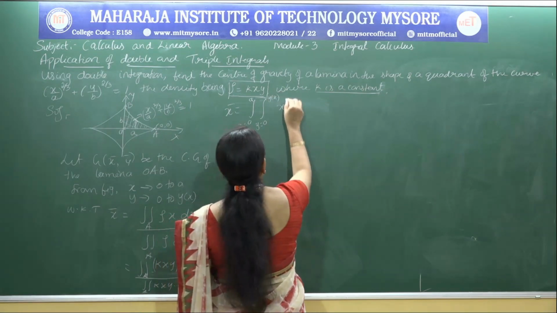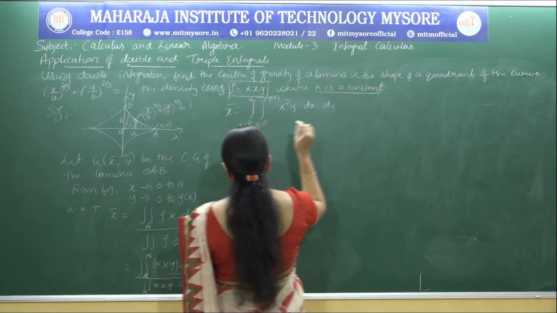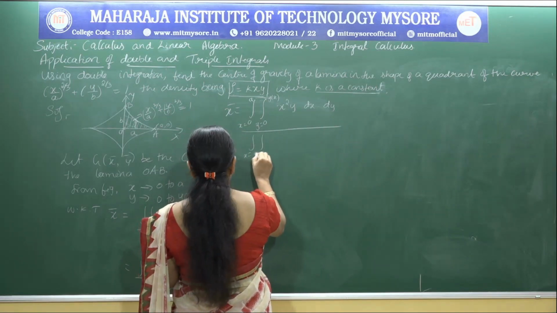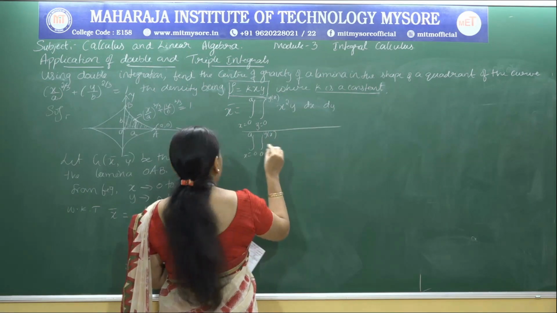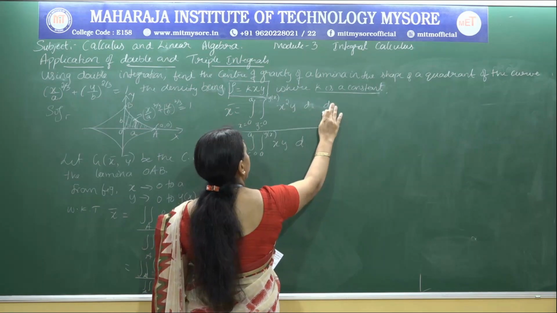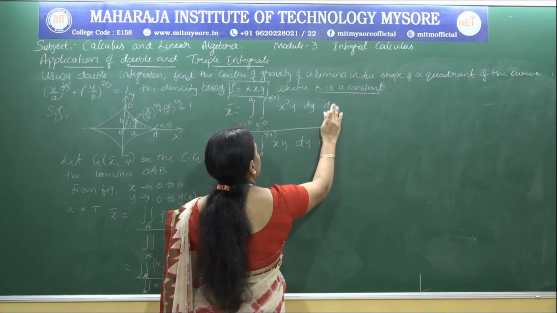We remain with x square y dx dy whole divided by double integral of x varies from 0 to a and y varies from 0 to function of x, x y dy. So of course I have to write first dy and then dx.